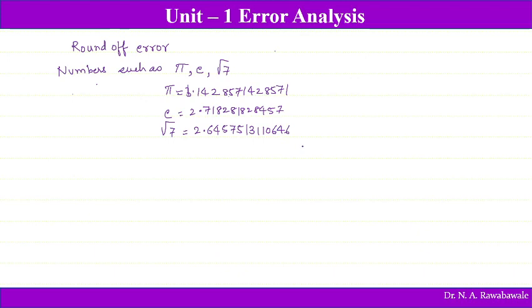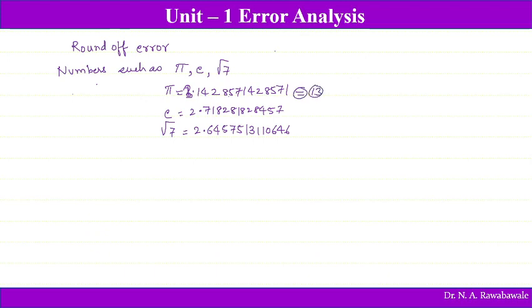So now, sometimes we are going to omit some of the significant figures. These numbers have got significant figures: 1 2 3 4 5 6 7 8 9 10 11 12 13. 13 significant figures are there.